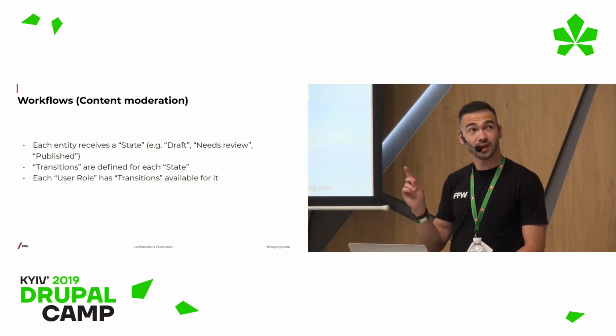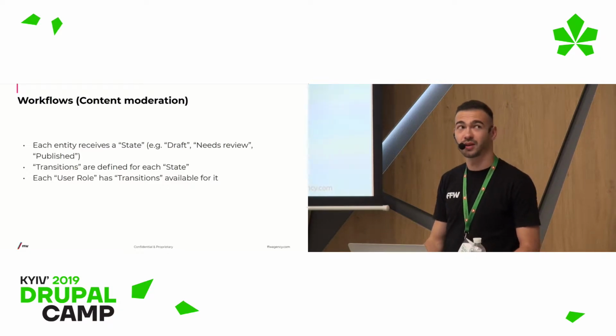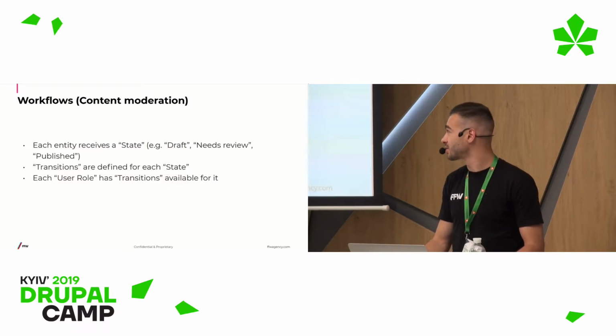And the third thing, which is really important, is that you have the permissions. So you can configure which role has what transitions available. And actually, it already gives us a lot of opportunities, and it's already a good flow. It's much better than nothing.